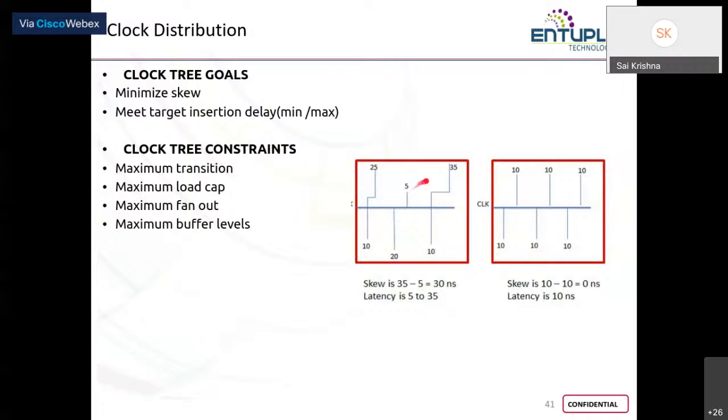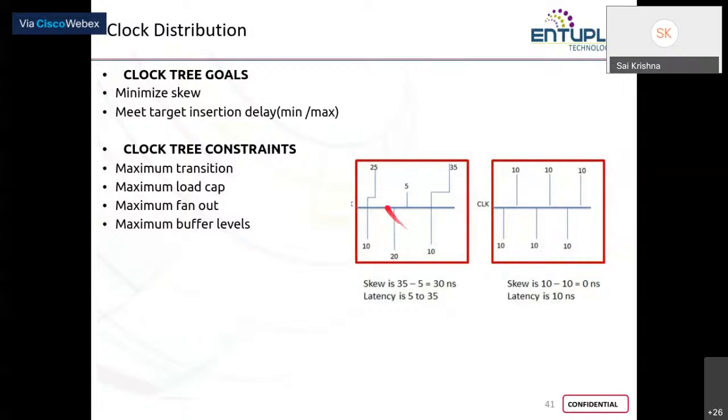So if both these flip-flops are communicating, then you have a skew, or a difference in clock arrival of 30 nanoseconds, which is too huge. Now in case 2, the clock is arriving at 10 nanoseconds for every flip-flop. So that means the skew is 0.